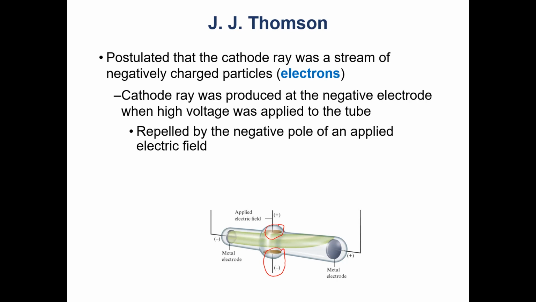Well, what he found out when he did that was that the electrons, the cathode ray here, was repelled by the negative pole, and it went towards the positive pole, was attracted to the positive pole. So we know electrons are negative particles, so that should make sense. The negative is going to be attracted to the positive, and it's going to be repelled from the negative end.